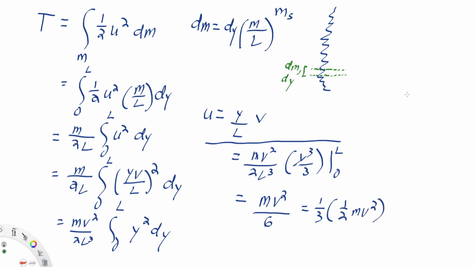And that leads to the conclusion that for a spring of constant density, approximately 1/3 of its mass should actually count. So this gives us a quantitative way to describe the error introduced by assuming that our spring has no mass.